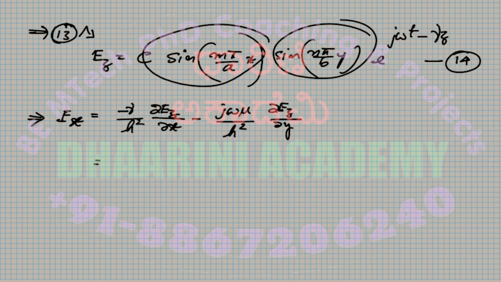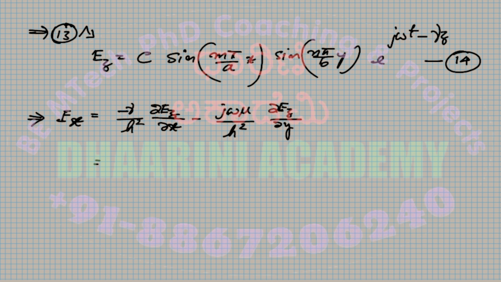I think I made one small mistake. Let me correct that. The second component is not Ez, it is Hz. Please verify once. So this component is dou Hz. Actually Hz is not there at all for a TM wave.